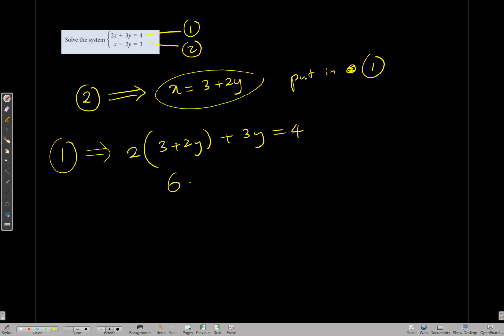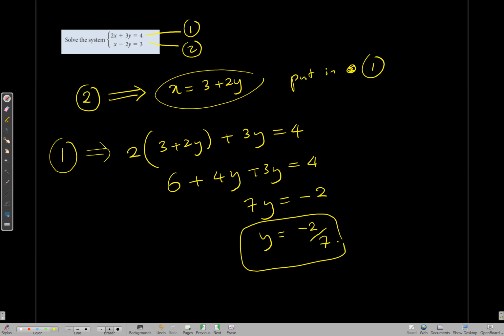So when I simplify this, I get this, right? So you can keep simplifying. 7y equals negative 2, and then y equals negative 2 over 7. And now what you need to do is take this value back and plug in. It doesn't matter which equation, either 1 or 2, but it's much easier to plug into this because we already solved for x in 2.